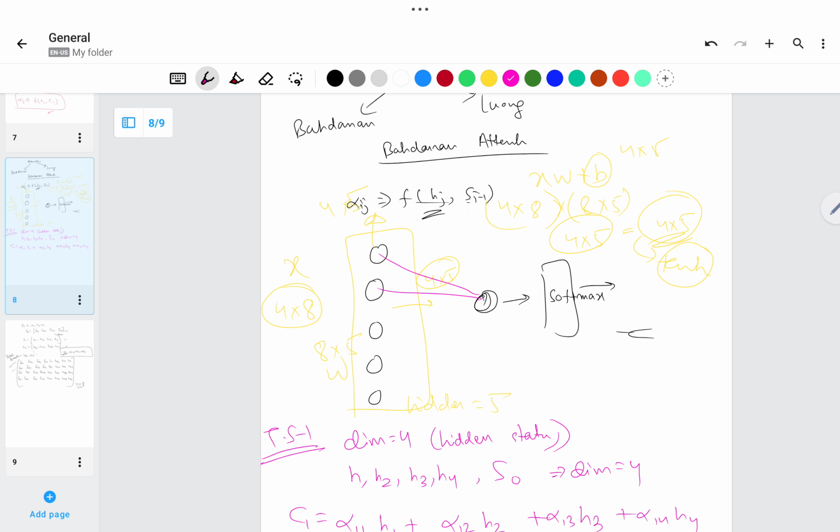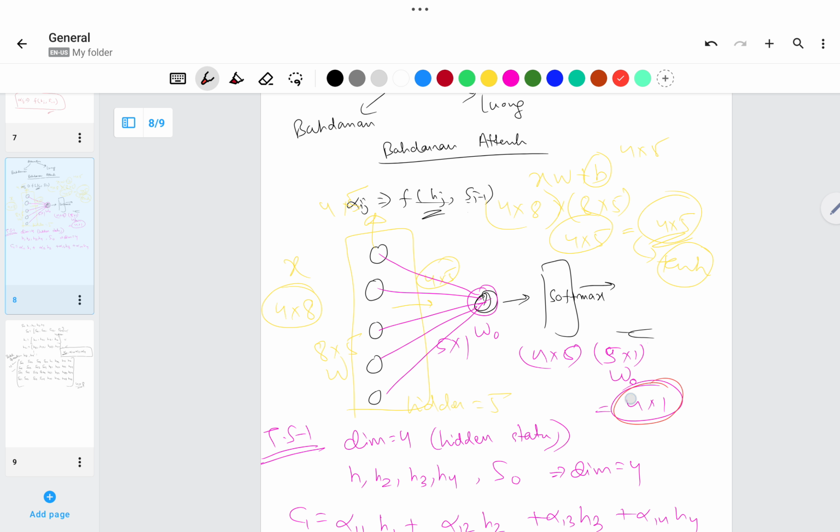Now these neurons are connected with a single neuron with a 5 cross 1 matrix. When these new weights, let them be WO, are multiplied with this, you obtain a 4 cross 1 matrix.